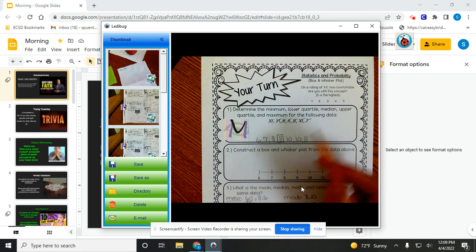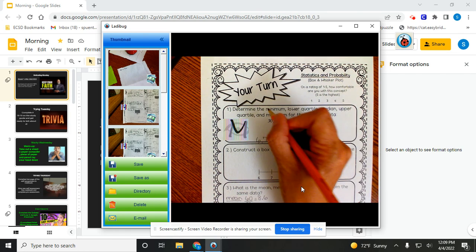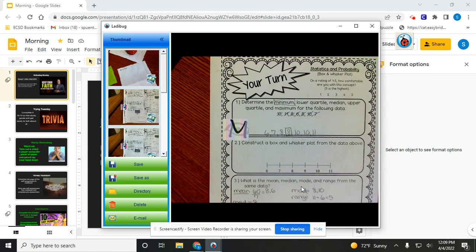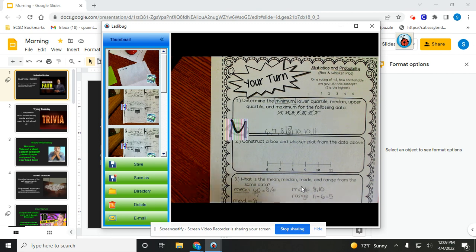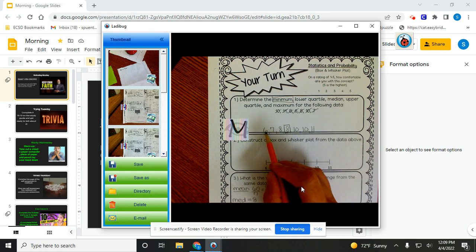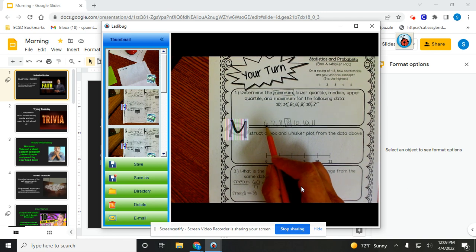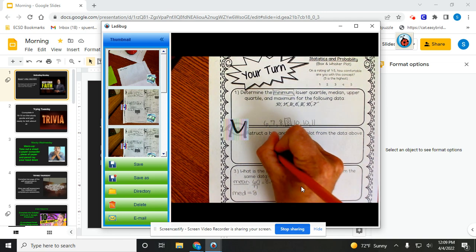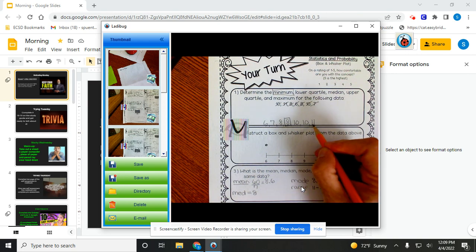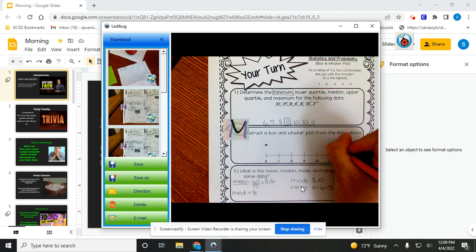So our minimum that we're looking at is our smallest number, okay? And then we're putting together our box and whisker plot. So all we're doing is taking our information and then putting in data so that we're able to look at it. So since 6 is our smallest number, we're going to go ahead and put a dot over the 6, okay? And then 11 is our biggest number, so we're going to put a dot over 11.